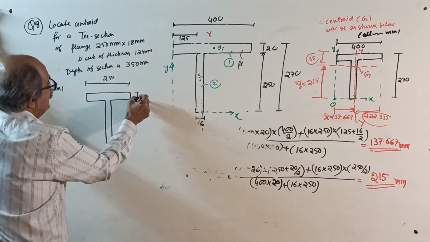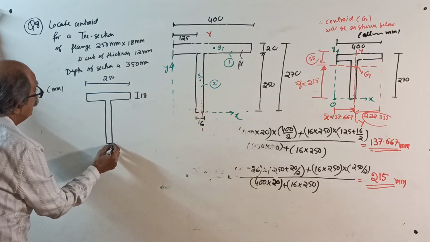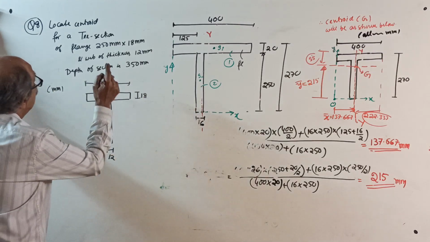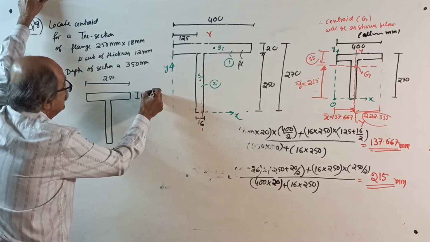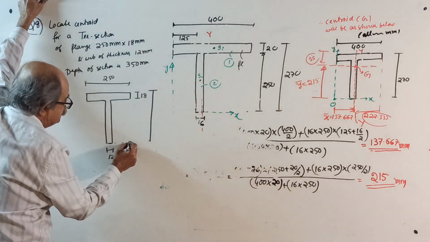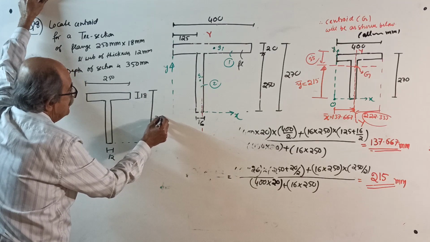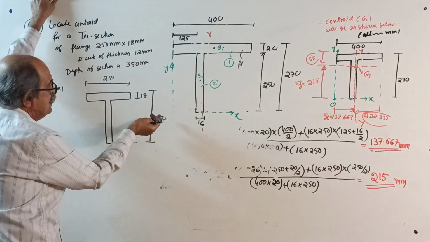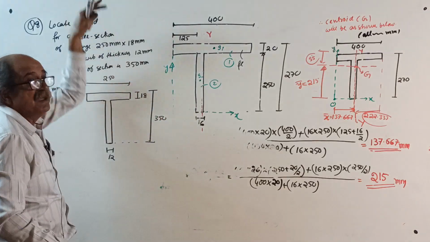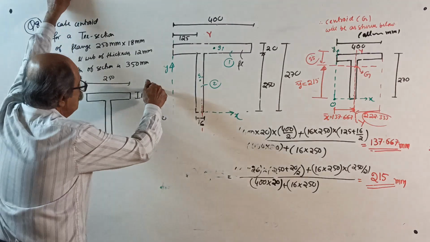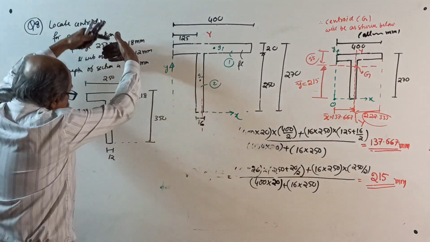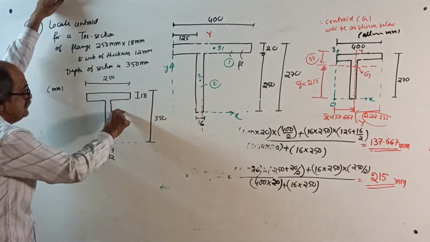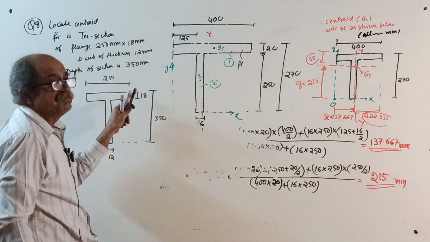This is 18. Now they told web of thickness how much? 12. And they told depth of section is 350. See here, the depth of section is 350. Therefore later this distance, depth of web, will be 350 minus 18. Make a note. Since they told total depth of section, means full section is 350. So later when you want this dimension, it is 350 minus 18.